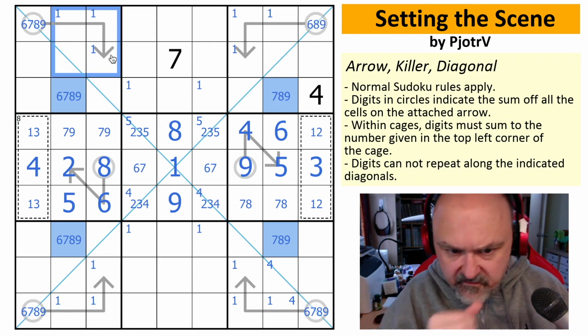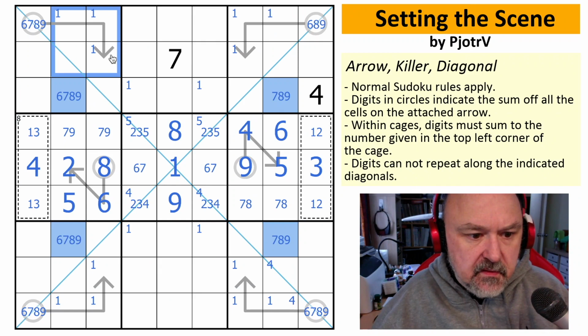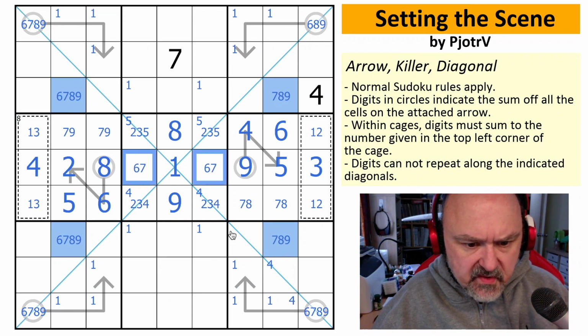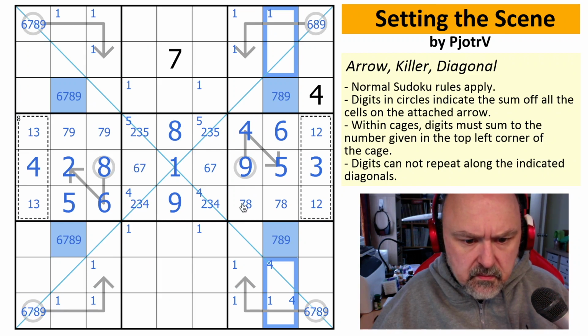Four must be in one of those. Got the 6, 7. Four, 5.